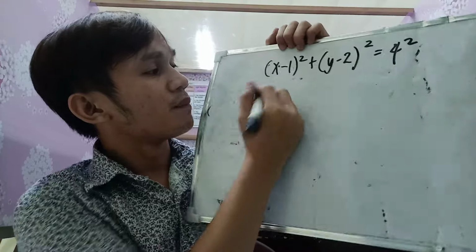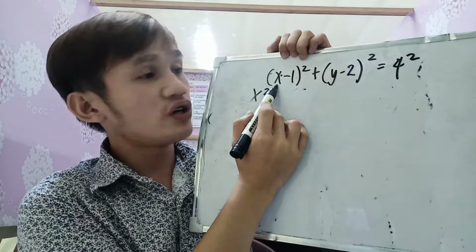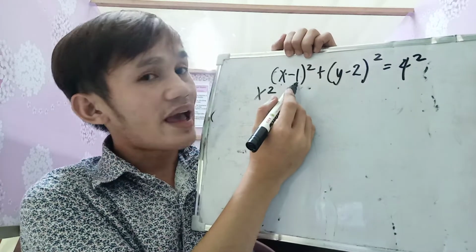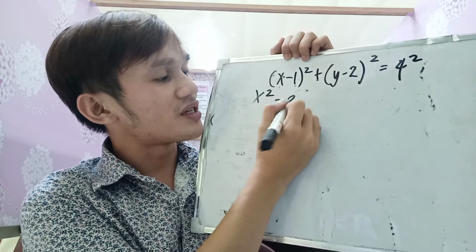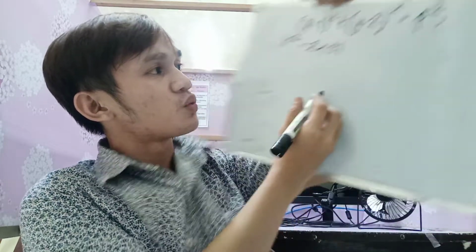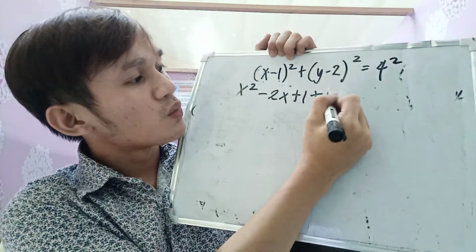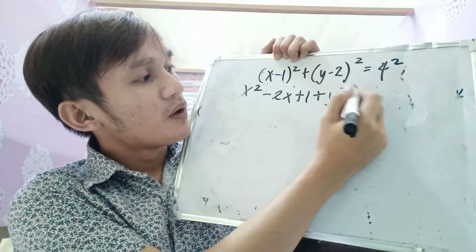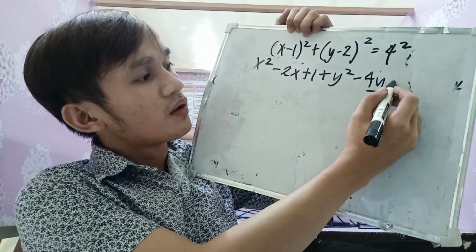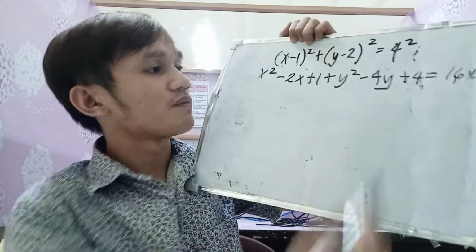So this will be x squared the first term, multiply the first and the second term, so this will be negative x, multiply it by 2, so that means negative 2x, and then square the second term, so this will be plus 1, plus y squared minus 4y plus 4 is equal to 4 square is 16.